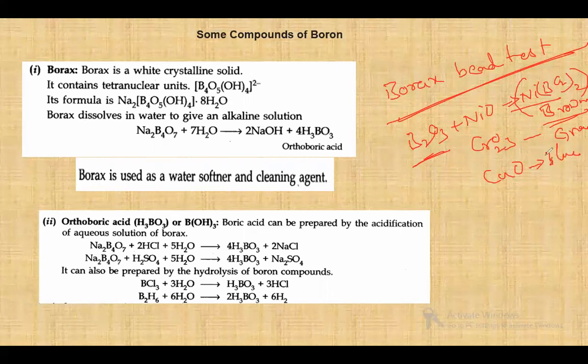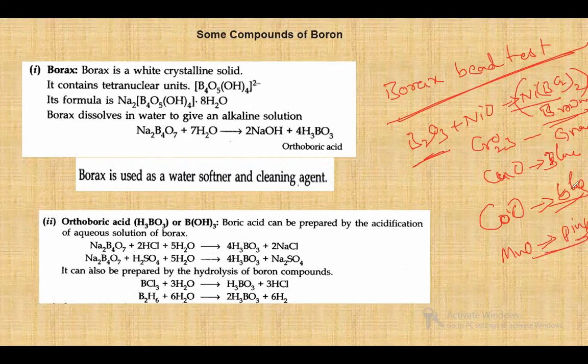Cobalt oxide treated with B2O3 forms cobalt metaborate, which is also blue, but dark blue, navy blue. Manganese oxide, MnO, treated with B2O3 gives manganese metaborate, Mn(BO2)2, which is pink in color.